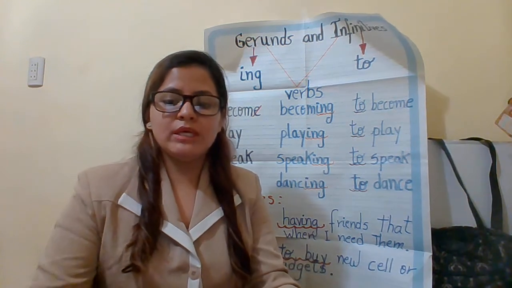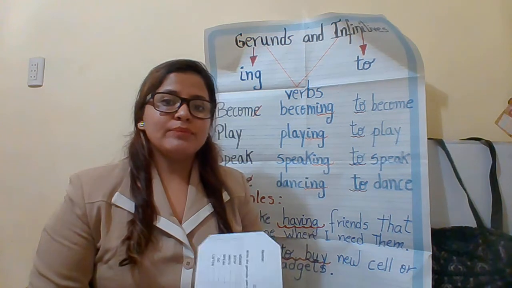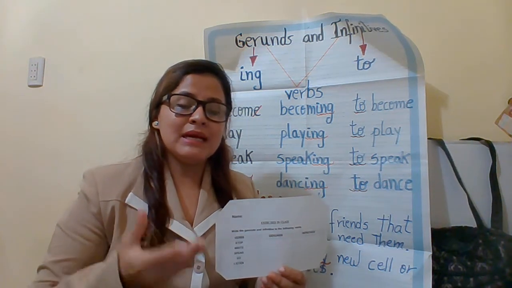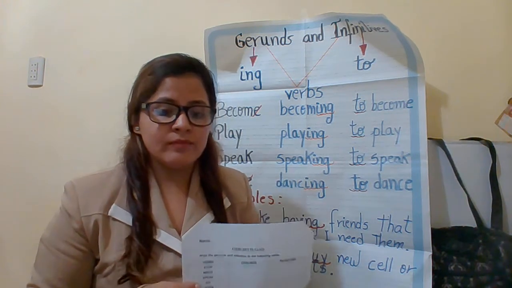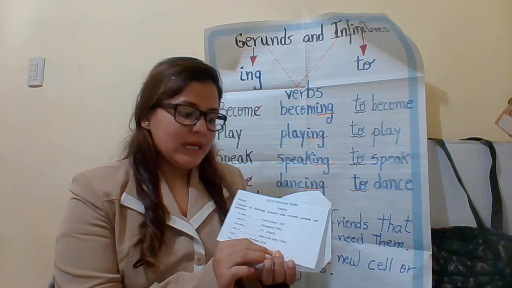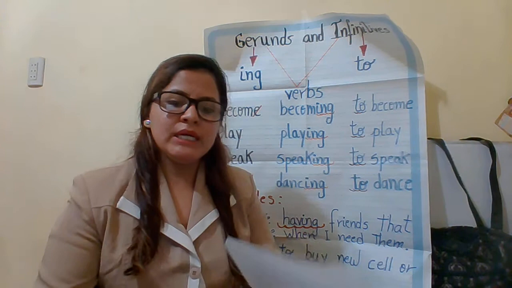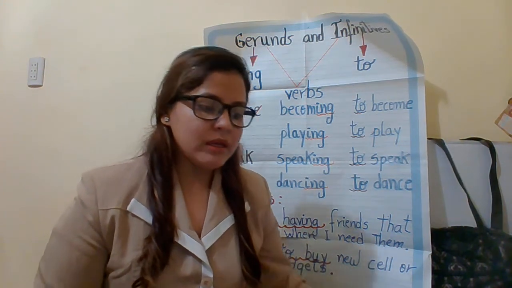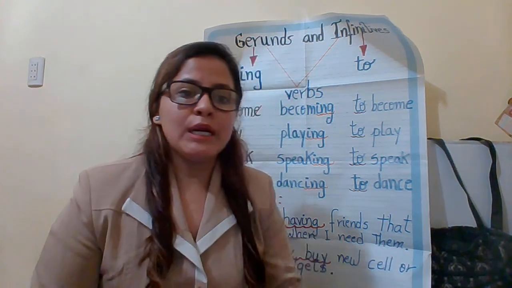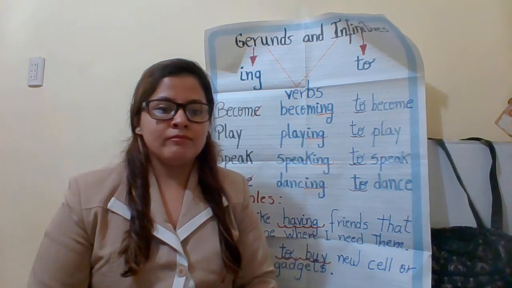Then, students have to do a short exercise where they practice the class that the teacher explained. And finally, the students have a short self-evaluation where the teacher qualifies the learning of the students.